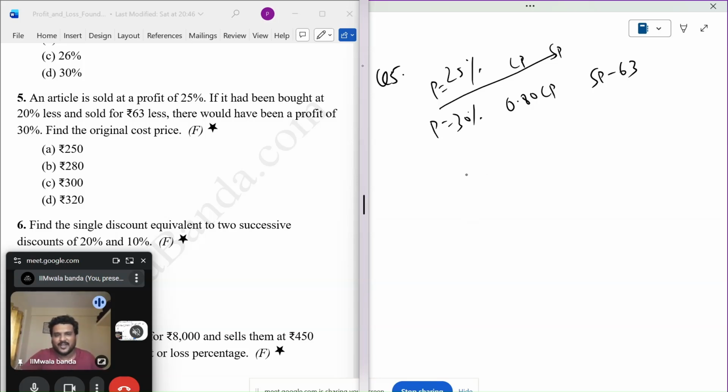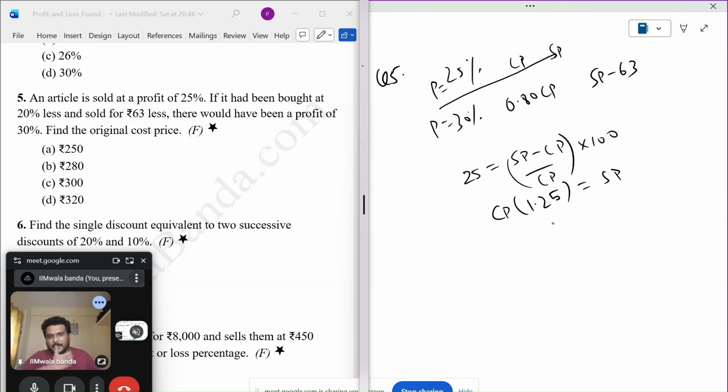So instead of writing profit percentage as SP minus CP upon CP into 100, a very quick way is that you increase the cost price by 25% to get to selling price. You will get here only using this also, because if you take 100 here, this is 0.25 CP, SP minus CP, or SP is 1.25 CP.